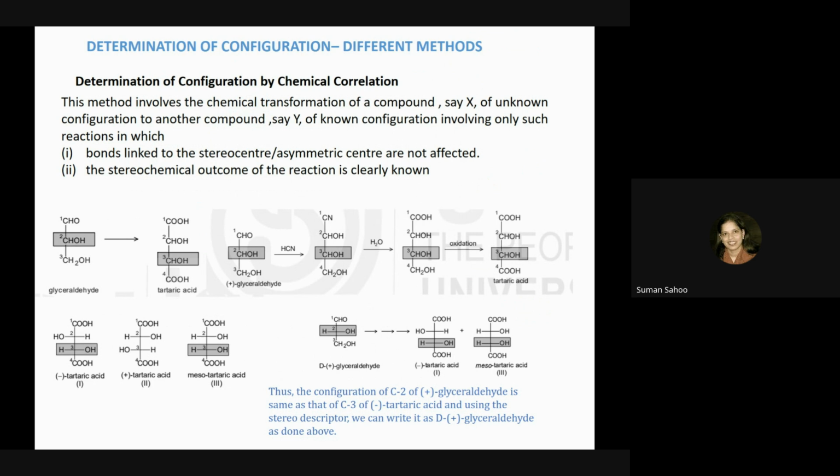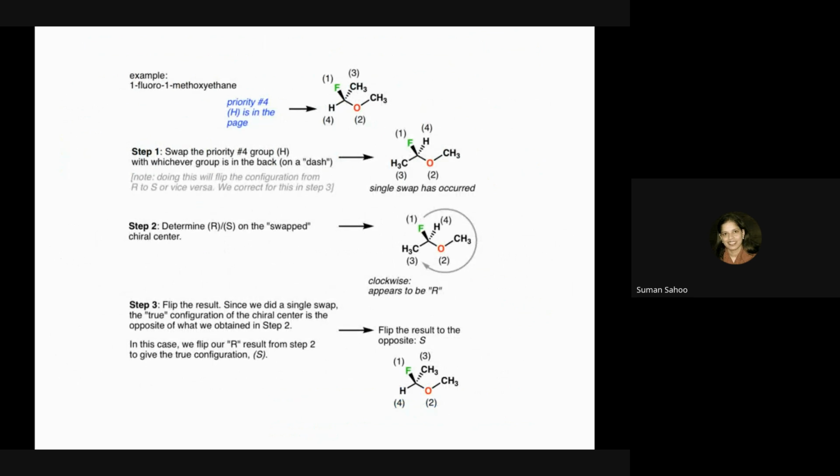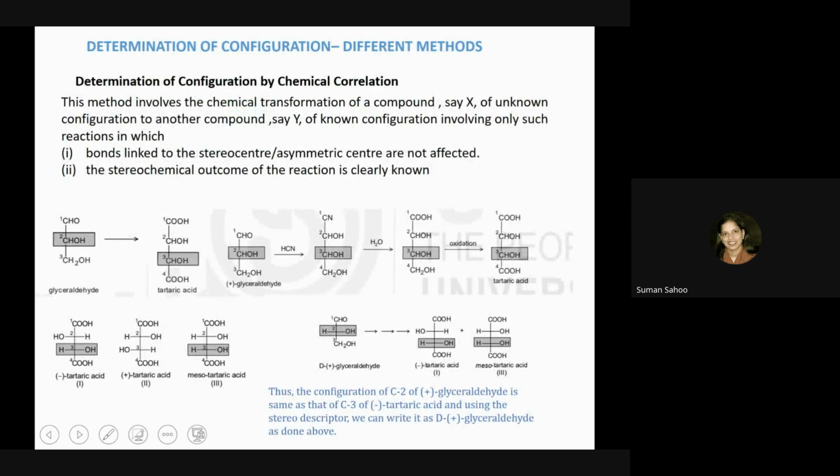So next is how we determine the configuration. Here we were given the structure and just assessing what the absolute configuration is. But how do we know the configuration from chemical methods or any method? Suppose we get a compound and we do not know its configuration. In that case, there are different methods. Two methods are there in your syllabus.